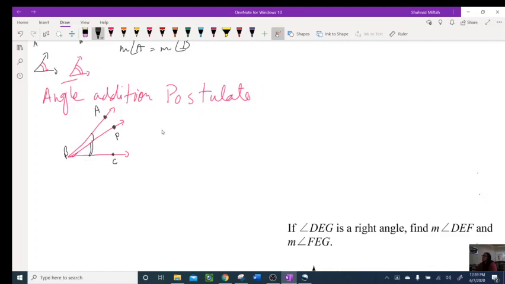So what does the angle addition postulate mean? It's exactly the same as the segment addition postulate that we did. Two segments making the whole one segment. So it would be the measurement of angle ABP, and do you see B is in the middle? Plus the measurement of angle PBC equals the measurement of angle ABC.